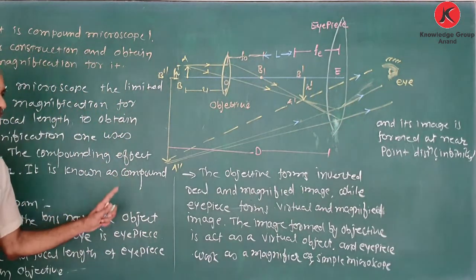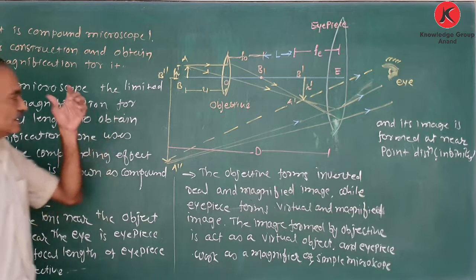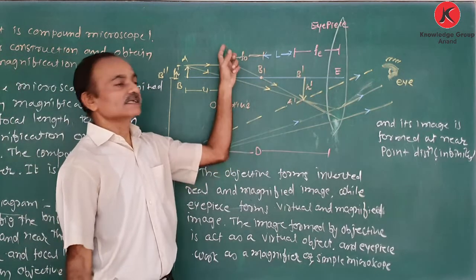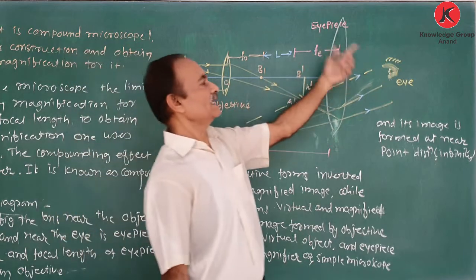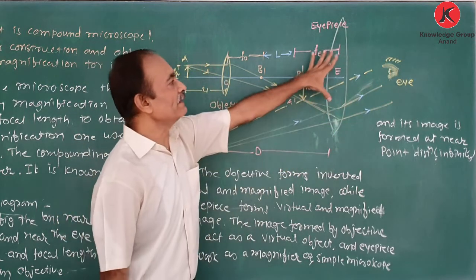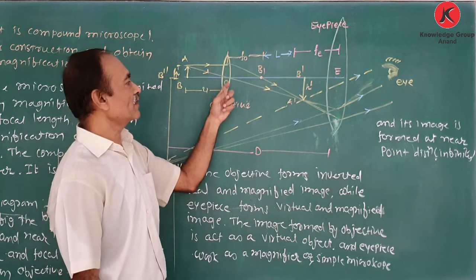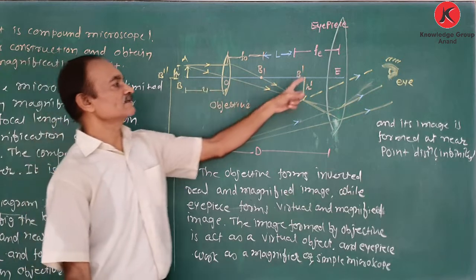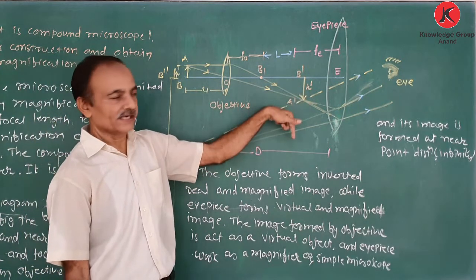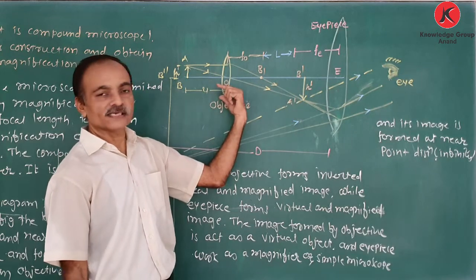So that's the schematic diagram and construction of the compound microscope. Again, there are two convex lenses. The convex lens near the object is known as the objective, and near the eye is known as the eyepiece. The diameter and focal length of the eyepiece is more than the diameter and focal length of the objective. Now, the objective forms an inverted, real and magnified image, that means larger than the real object.